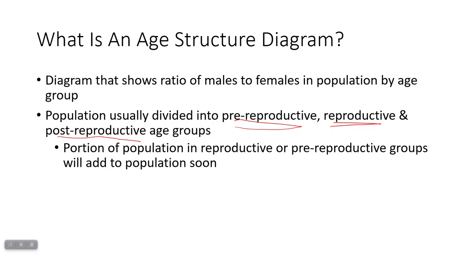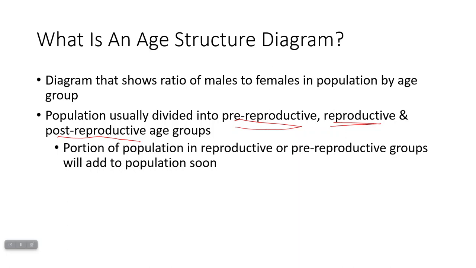This is important because if you look at what portion of the population is in either the reproductive or the pre-reproductive groups, you can judge how many people will be added to the population in the near future. If you have a very large part of your population in the reproductive group, they may be reproducing in the next couple of years.